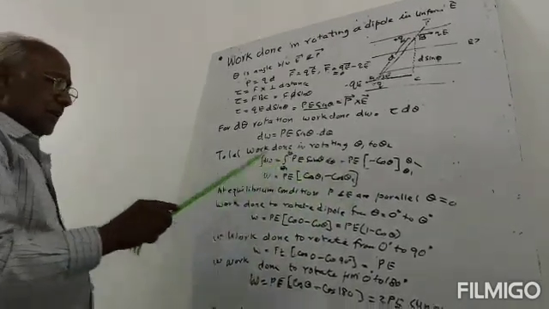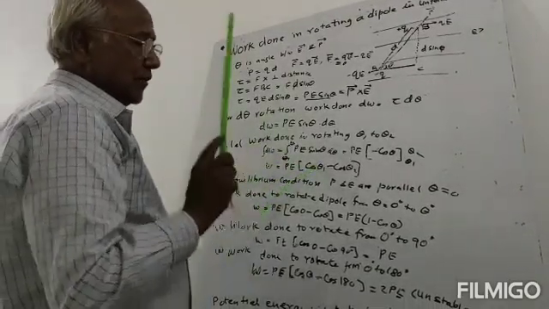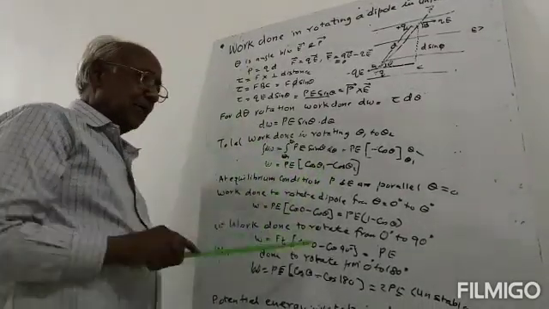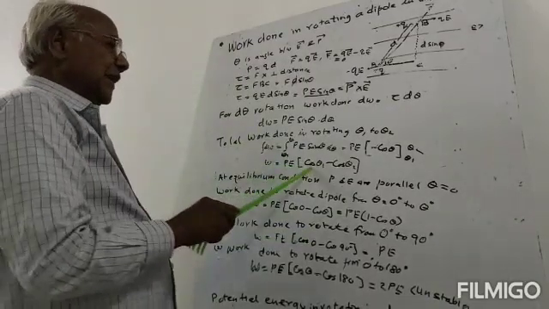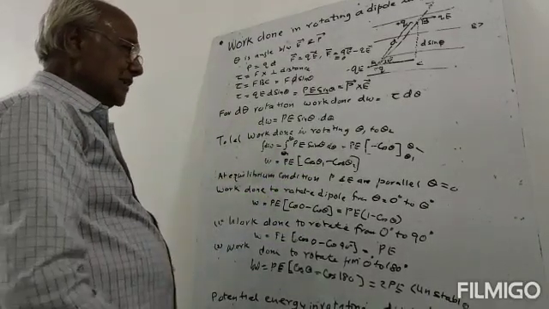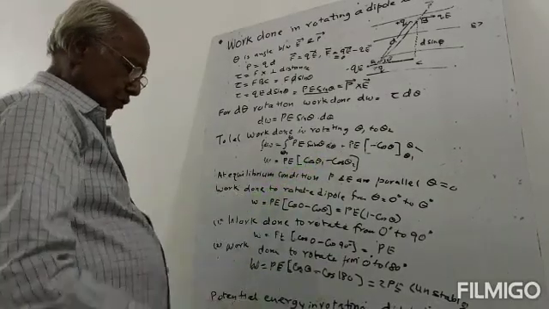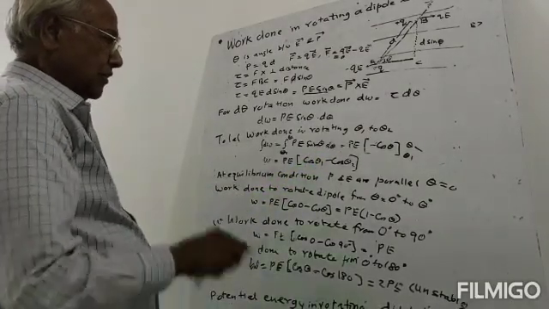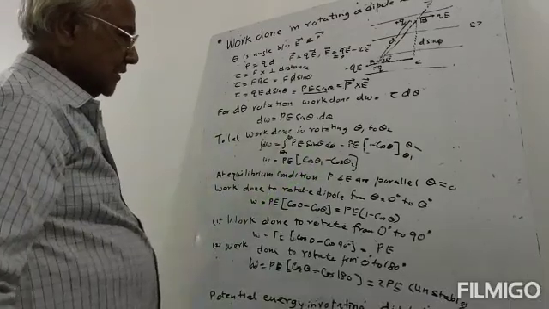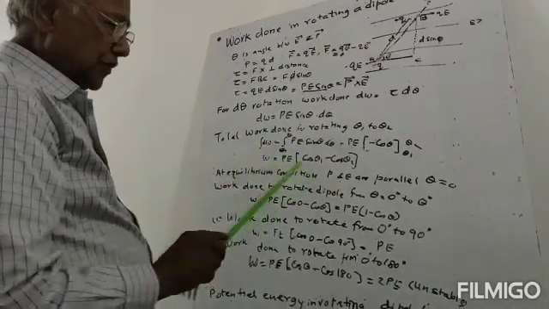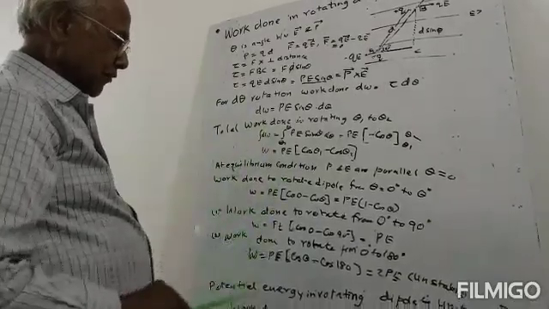Now here, in the case of potential energy, we have the liberty to consider any point where potential energy is 0. So when theta is equal to 90, cos 90 is equal to 0. So in the condition U2 minus U1, U1 will be equal to 0.